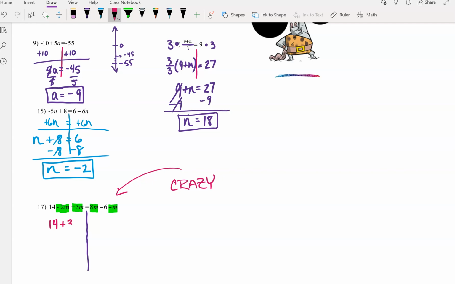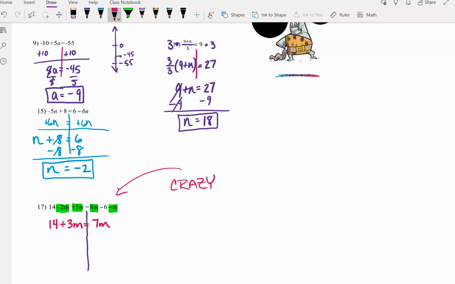What's that going to be? 3? That looks pretty good. Now, my -6, I could put it first here or I could put it at the end. I'm going to hold off for a minute and combine my 8m with a -1. 8 combined with a -1 is going to be 7m.